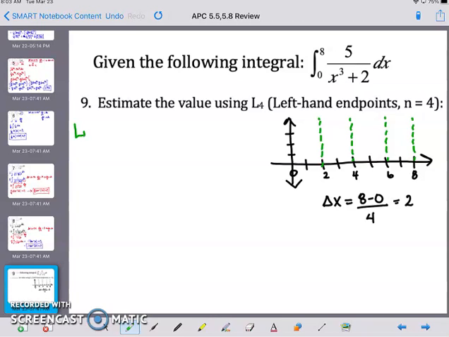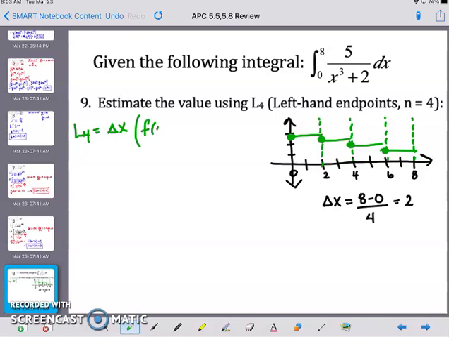So I would say that my L4, my left-hand rectangles, 4 rectangles approximation, is going to be equal to my delta x times the height of the function on the left-hand side of each rectangle. So I'll be looking at the value of the function at x equals 0, at x equals 2, at x equals 4, and at x equals 6, because I might have something that looks like this, and those are where my heights are going to come from.